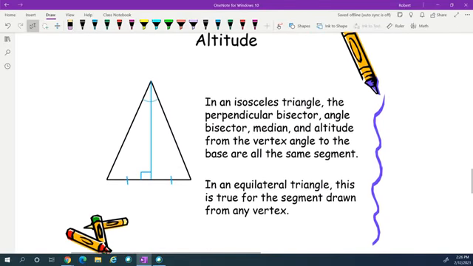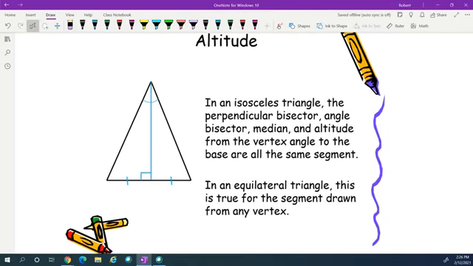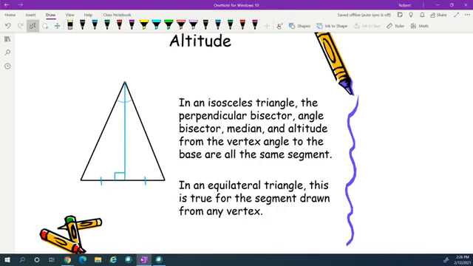Now, here's an interesting point. In an isosceles triangle, that segment drawn into it fits all the definitions. Well, 4 of them. It does not fit a mid-segment, but it is a perpendicular bisector because it's perpendicular and it bisects. It's an angle bisector because it bisects the vertex angle.